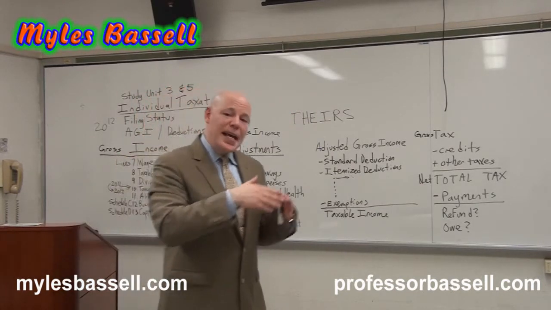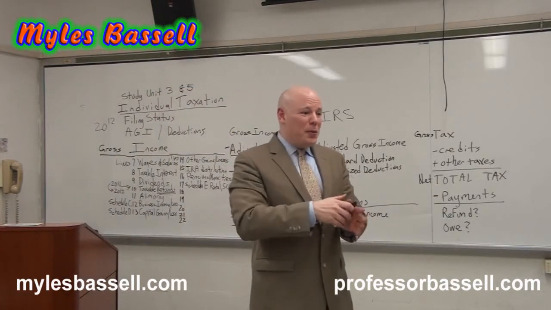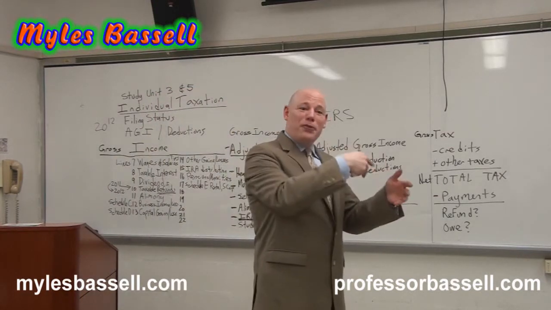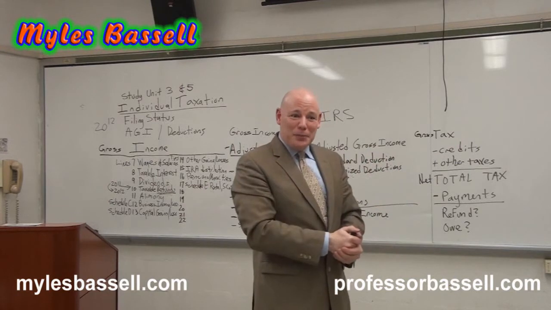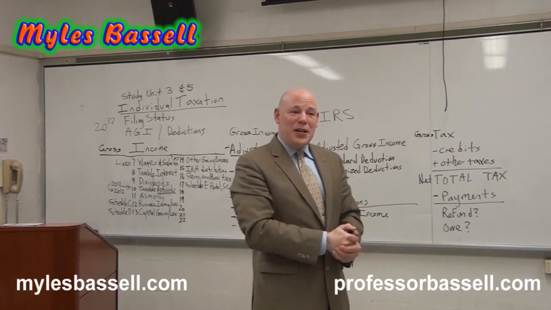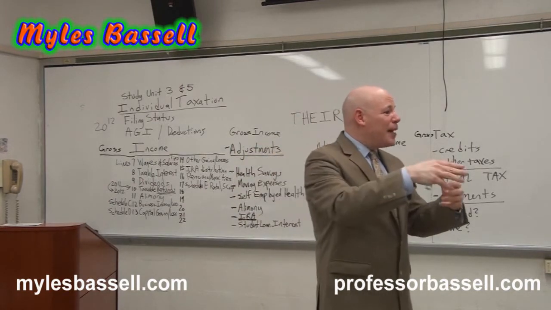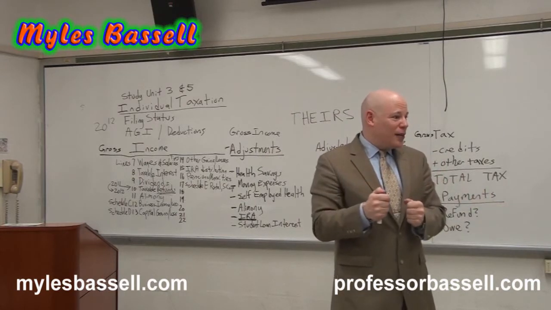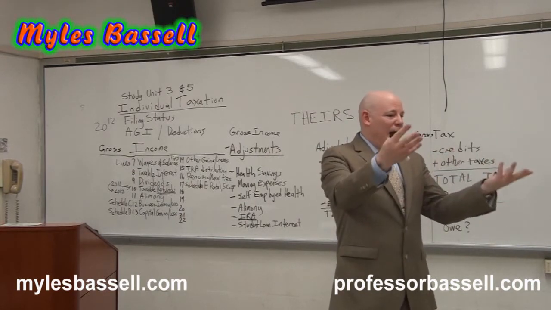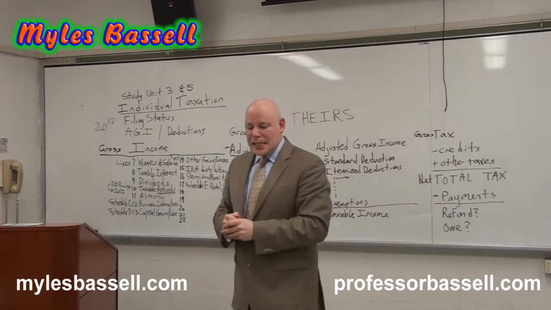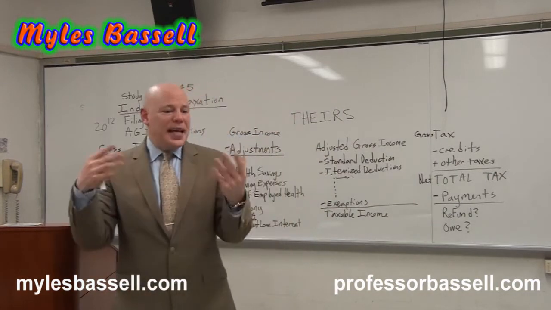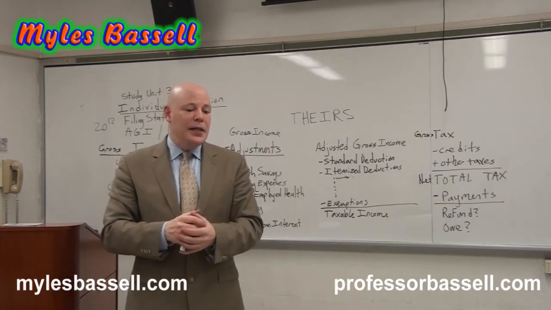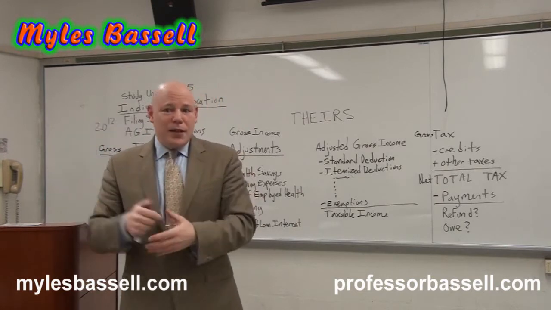Whereas with a C corp, remember we said, right, Alicia? The corporation is going to pay tax. They have a certain amount of net income. Remember we said we could either keep that as retained earnings or pay it as dividends. After they pay the tax, what's left after the tax, they're going to give as dividends.